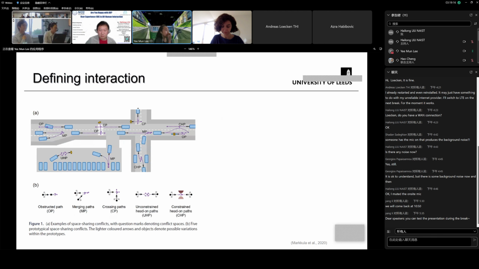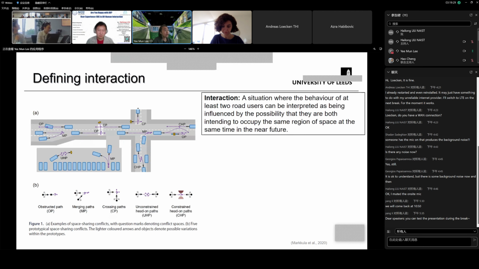Right, so as you can see, there are a lot of interactions going on the road, and there are many different ways in which two road users are going to be interacting with or encountering each other. Interaction is a situation where the behavior of at least two road users can be interpreted as being influenced by the possibility that they both intend to occupy the same region of space at the same time in the near future, and that's what interaction is about.